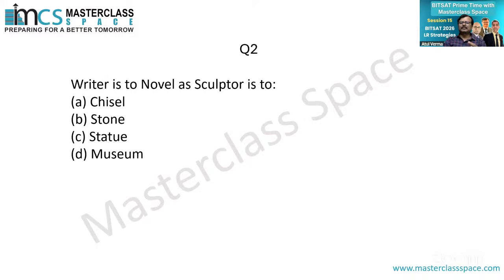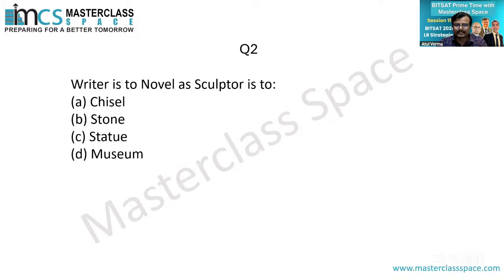Let's move to a little tricky question. Writer is to novel as sculptor is to. So again, you have to identify the relation. Now, of course, the writer writes the novel and the sculptor makes the statue, right? So the question looks easy, but many students can confuse it with stone also.